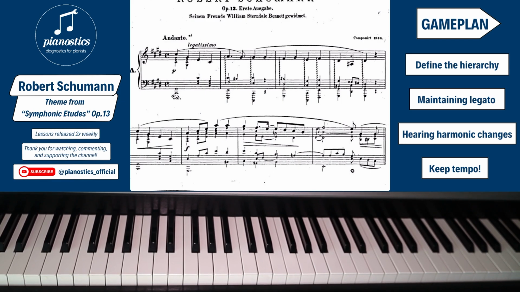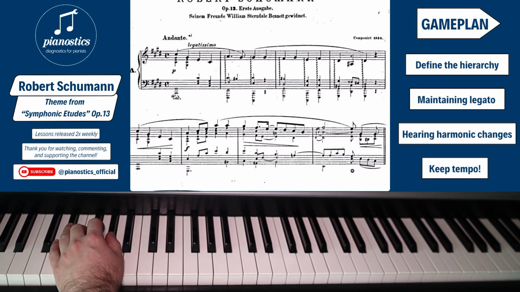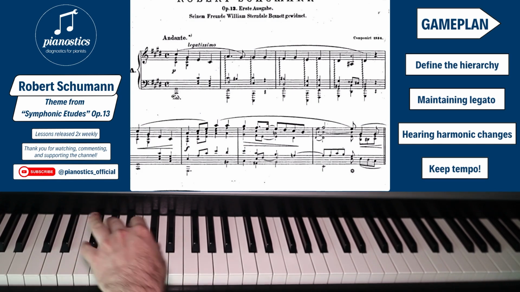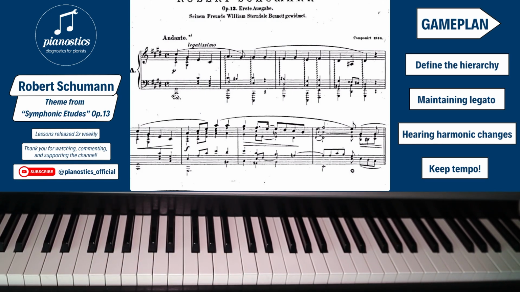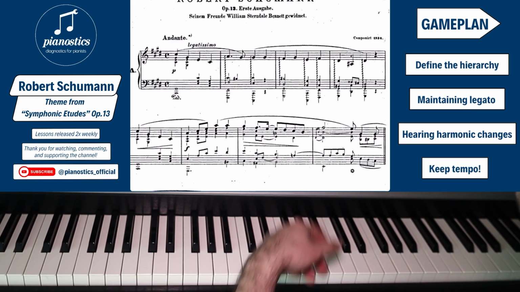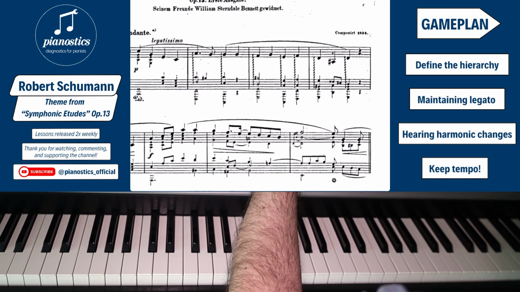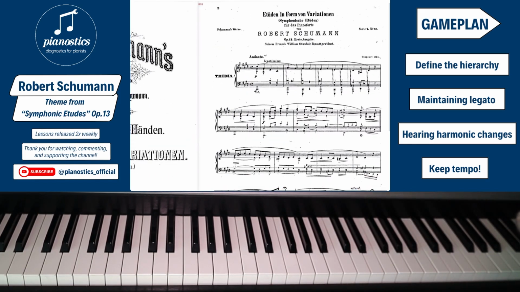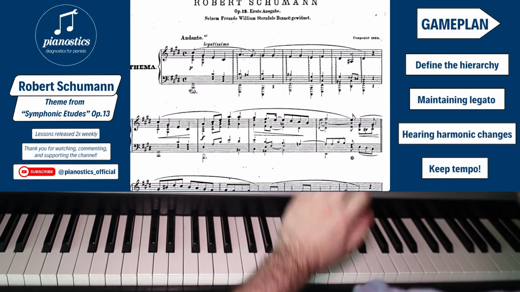So we see here that the hierarchy is such that the melody is obviously first and foremost, and it's marked legatissimo. So this is going to pose a number of problems, because we've got to do a lot of rolling that he writes here in the second, third, and fourth measures, and how are we going to keep the evenness of the phrase?